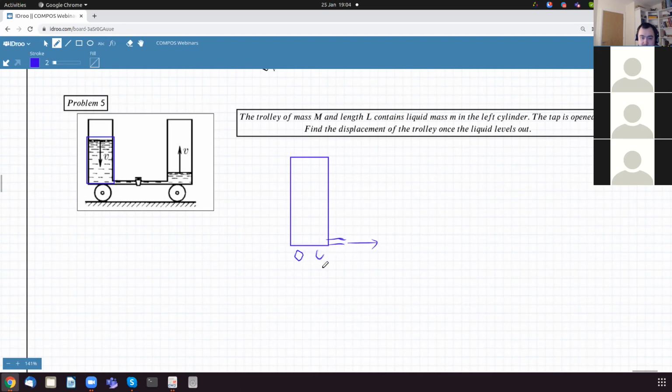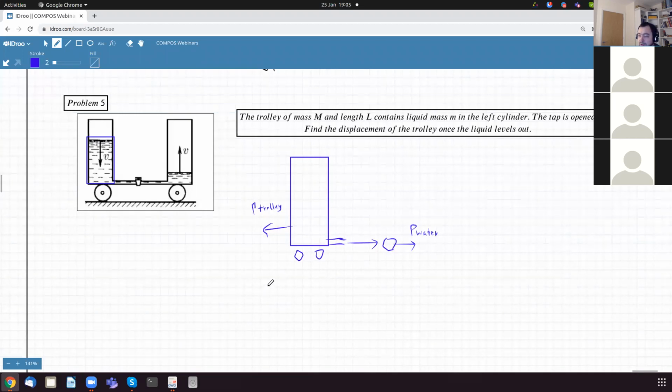And if this thing had wheels, and it does, it will start moving to the left because momentum is conserved. Initially you have 0 momentum, and then the water is pushed through the pipe. This means the water gains momentum to the right, and the trolley must gain momentum to the left. So if this is the momentum of the water, this is the momentum of the trolley.